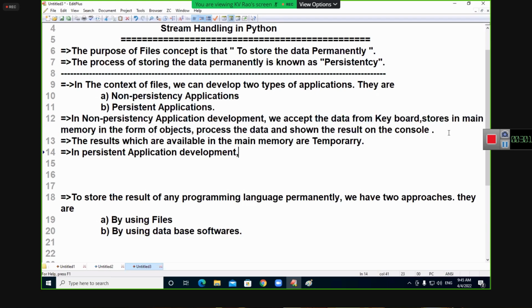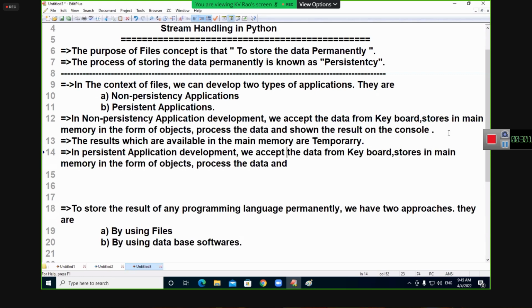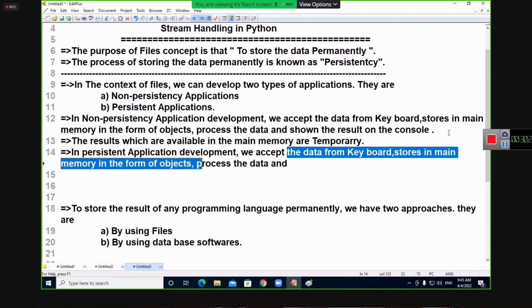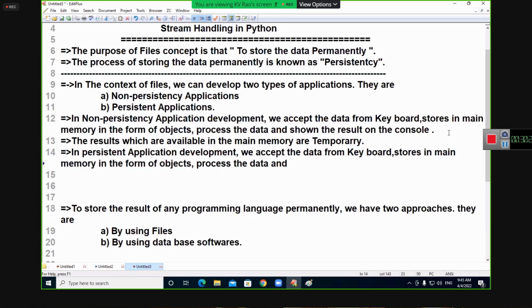We accept the data from the keyboard, store it in main memory in the form of objects, process the data, and whose results are stored permanently. Are you understanding this? Right.